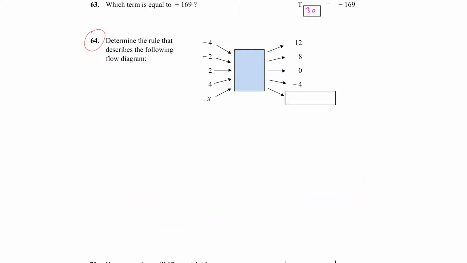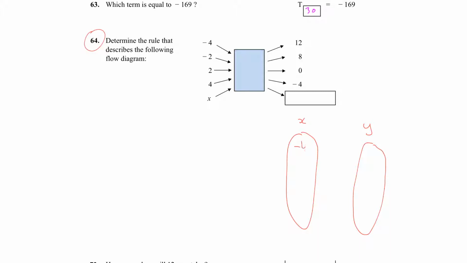Question 64, and this is going to be a little bit involved, definitely take more than a minute to do. We've got a function, and I'm going to redraw this function just in terms of our Easter eggs. It's the same thing. We've got our input as x and our output as y.